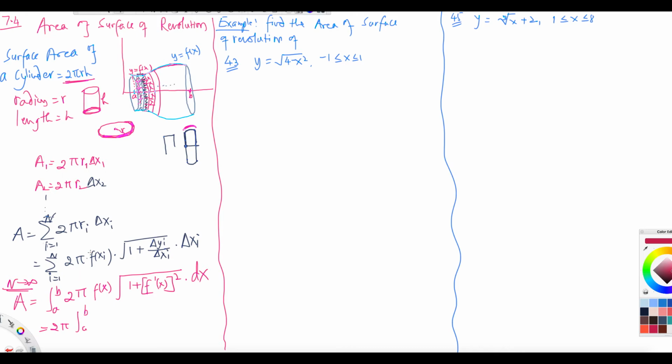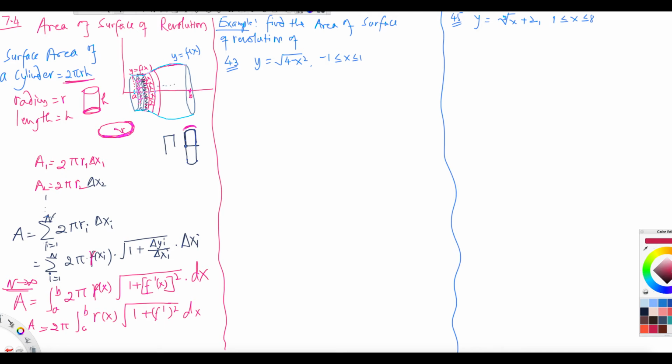It is okay to write r of x, which is the radius of the disc, or basically the y coordinate, the radius of each of those discs, and then the square root of 1 plus f prime squared, and then dx. That is the final formula to find the surface area.